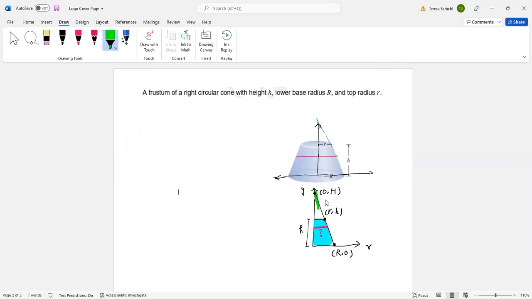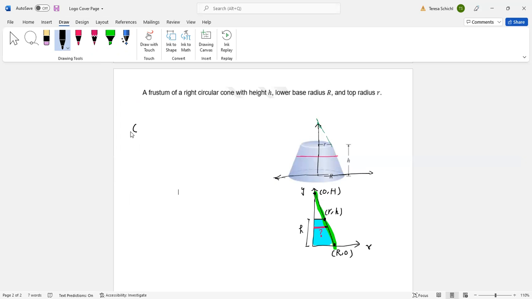Now the key is this line here, this green line. I'm going to find the equation of this line. The slope of this green line will be rise over run.